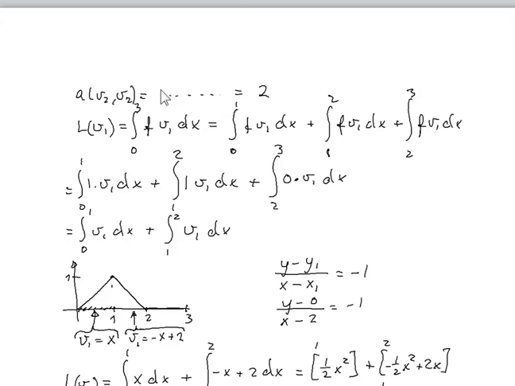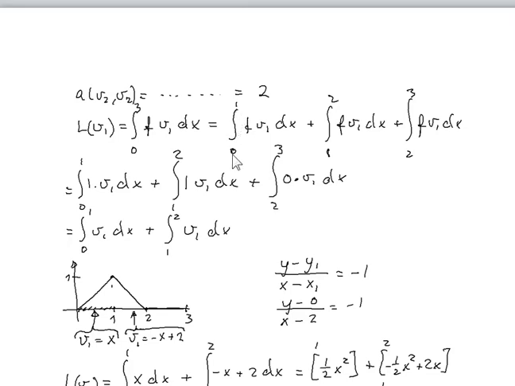Now it remains to find the values of L of v1 and L of v2. We do it exactly as for the bilinear form. It's the integral from 0 to 3 of f v1. This is just according to the definition of L v1. So we are splitting this integral into 3 different integrals, as we did when computing the bilinear form.